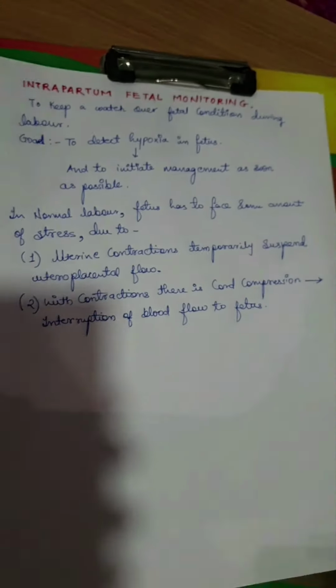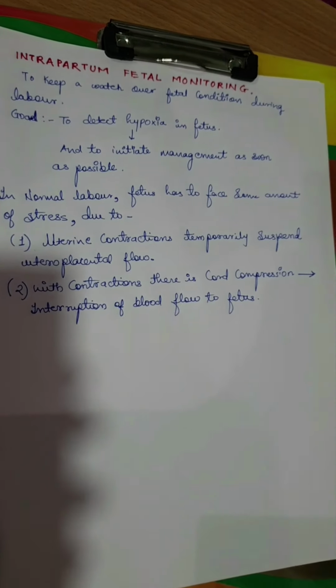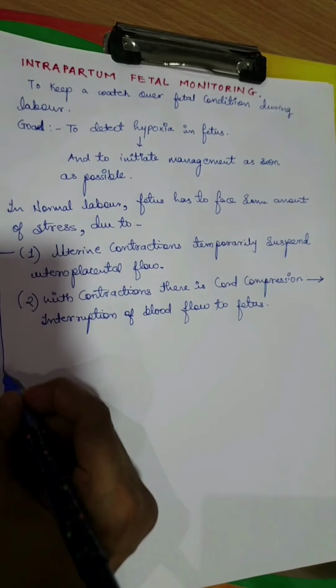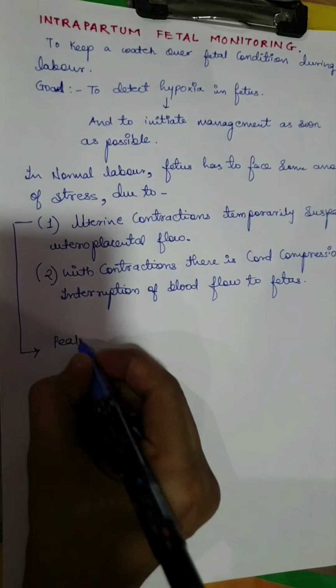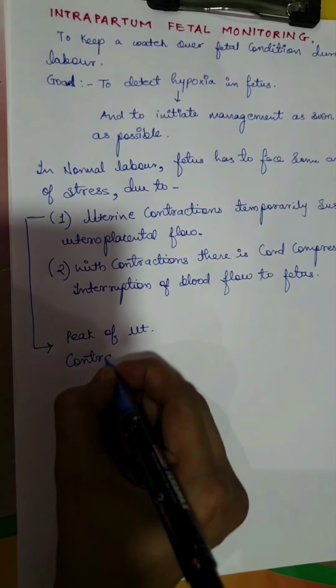Now we will see why there is a temporary suspension of the uteroplacental flow or blood flow towards the fetus in the uterine contractions. See what happens during the peak of uterine contractions.